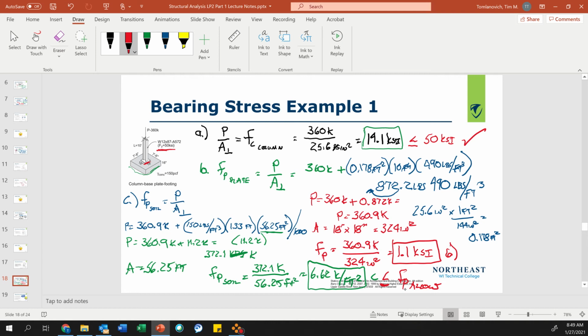If it's not, we set FP allow to 4 kips per square foot. My load doesn't change, so I can just do algebra and calculate a new area and then take the square root of that, and that gives me the new size of my footing, so I don't exceed my allowable bearing pressure, I don't cause a bearing capacity failure, and I control my settlement.